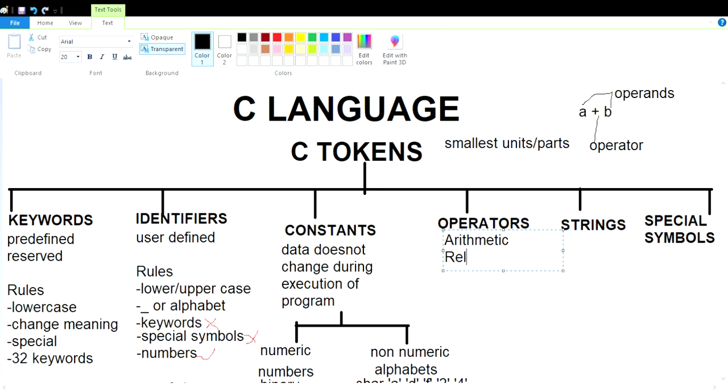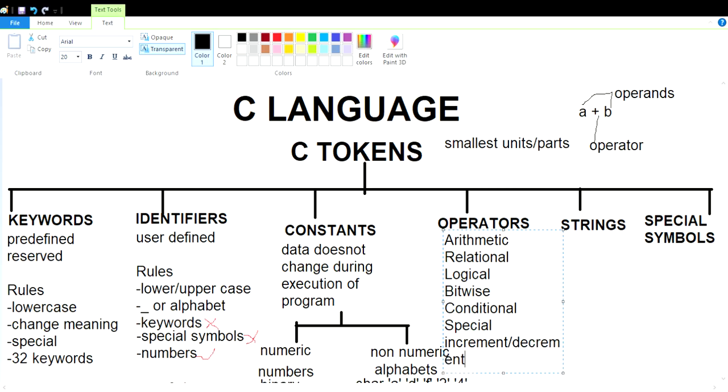Next we have relational operator, logical operator, bitwise operator, conditional operator, special operators, and the last one is increment or decrement operator.